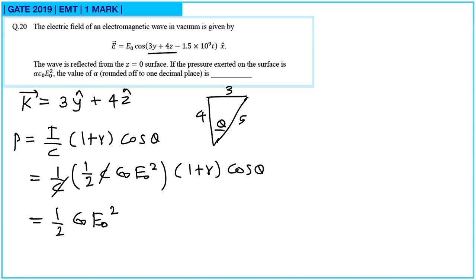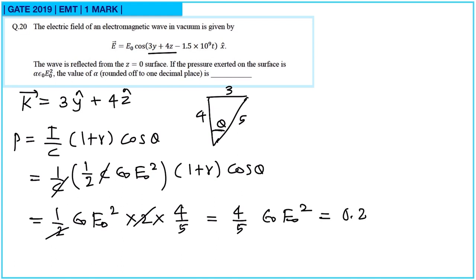So this will be 1 plus 1, so 2 into cos theta. So cos theta will be here 4 by 5. So this 2 and 2 will cancel out. So this will be 4 by 5 epsilon naught into E naught square, and 4 by 5 is 0.8 epsilon naught E naught square. Answer is 0.8. Answer in the answer key is 0.8 to 0.8.